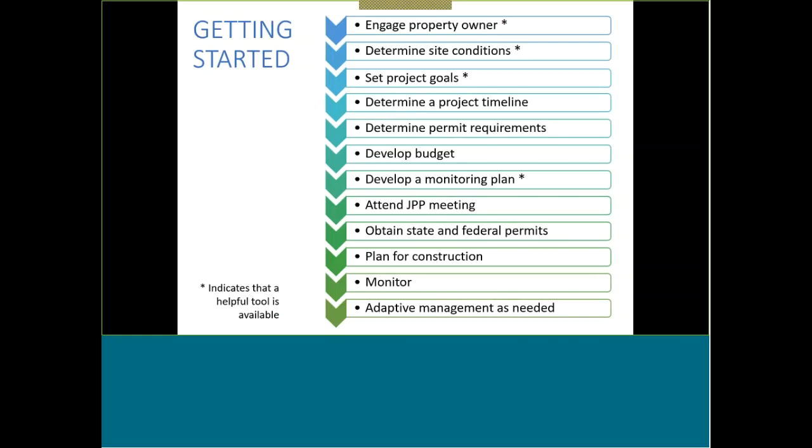You have to have a monitoring plan to make sure that you can document you've met those goals. Attend a JPP meeting, which is a joint permitting process meeting, and we will talk more about that tomorrow. Get your permits, plan for construction, always leave time for monitoring so that you can adaptively manage. Any item on this list that has an asterisk next to it represents something that the Delaware Living Shoreline Committee has a helpful tool available to assist with.